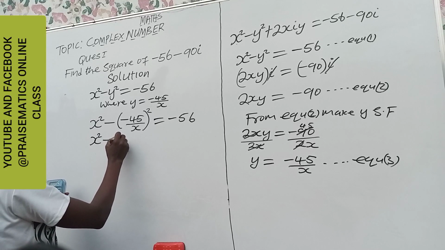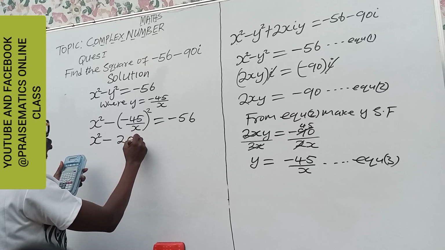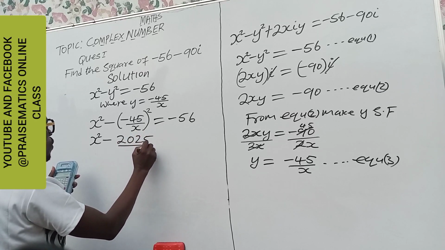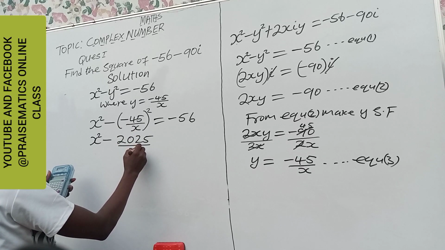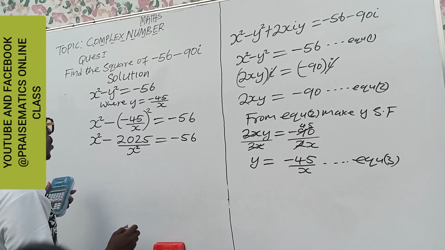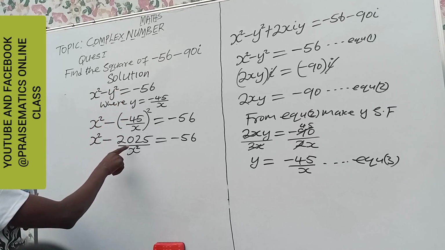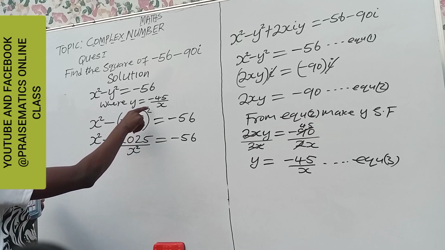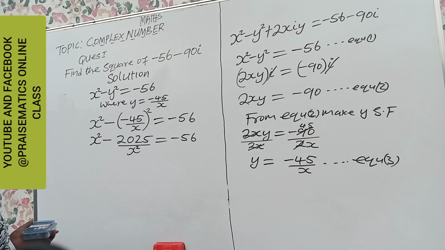So what we have now is minus 2025 over x times x, which will give us x squared, is equal to minus 56. So minus 45 times minus 45 will give out this, x times x will give out this. We have expanded this.